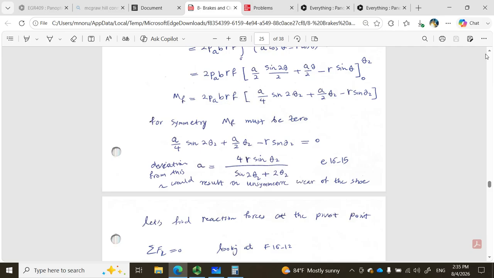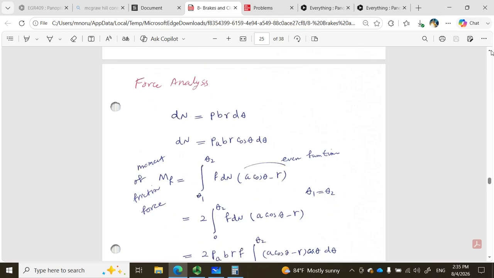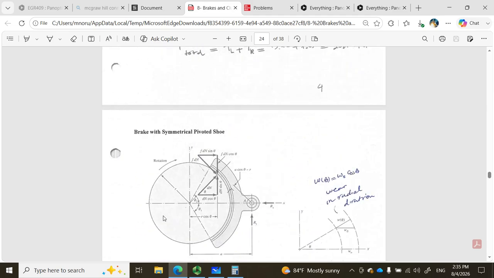Then that will be symmetric. I mean the friction moment will be 0. So this thing is not going to spin or rotate, right? It's going to stay vertical, no rotation. That's what we want.